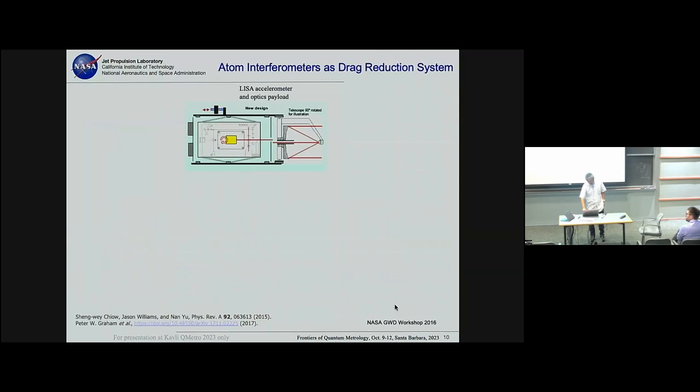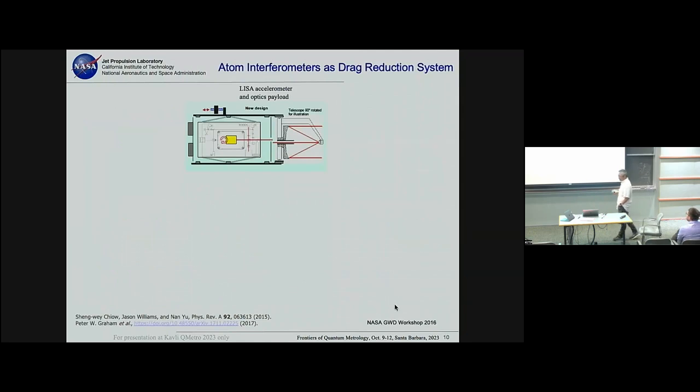All right, so now let's look back at this LISA schematic of a drag reduction system. You have a test mass, you have a cage, and there are servos and microthrusters to have the spacecraft follow a test mass.